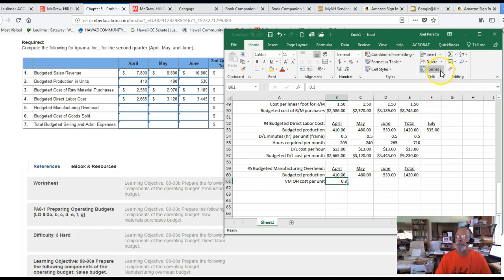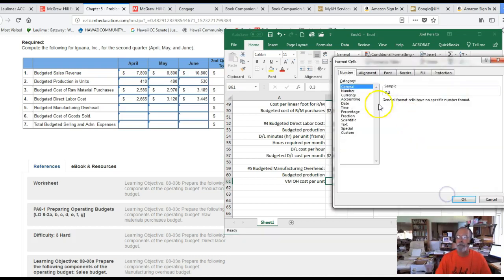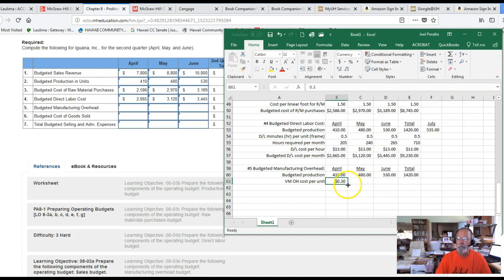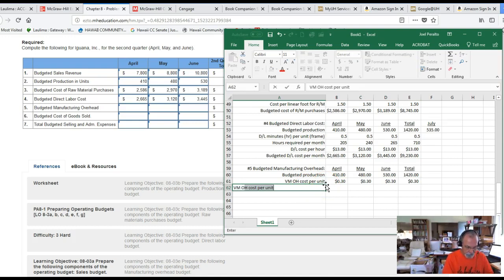30 cents per unit. So we need to format that as currency. And I think we need to multiply that out. Variable manufacturing overhead cost per month. So we have our production in units per month times the variable manufacturing cost per unit.